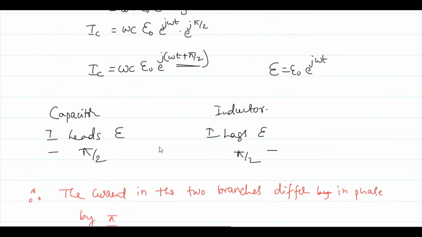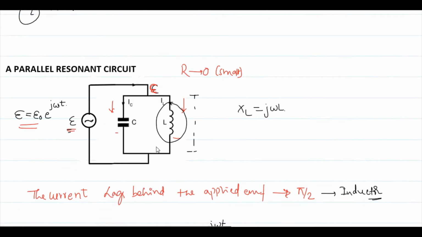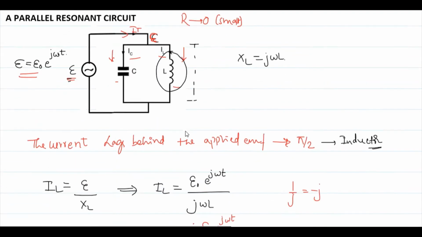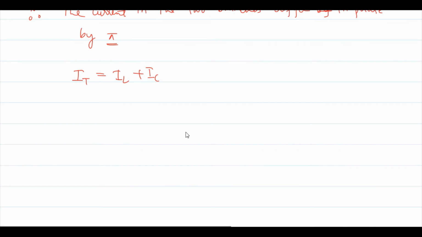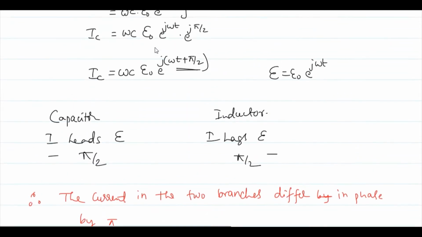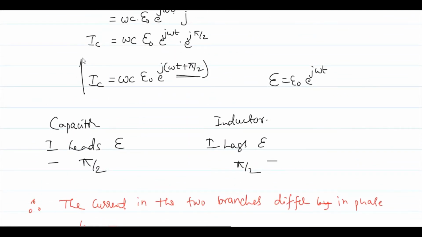If you look at the circuit above, the current flowing here, IT, the total current, is equal to the sum of IC plus IL, because IC and IL add up to give the total current flowing in that parallel circuit. Now I will substitute both currents IL and IC that I have calculated. I forgot to mention this equation as 2, so I'll call this the second equation.